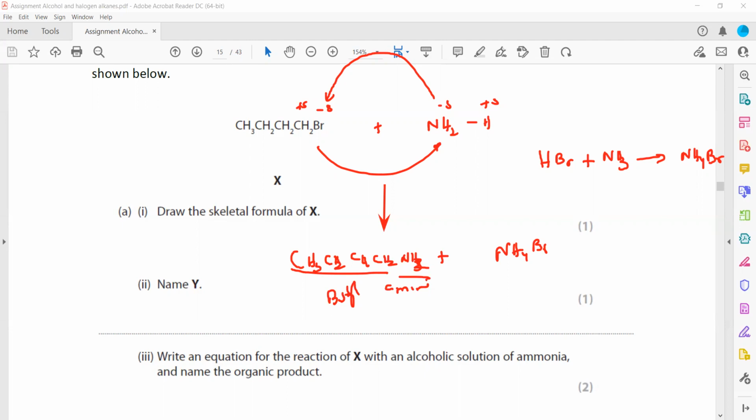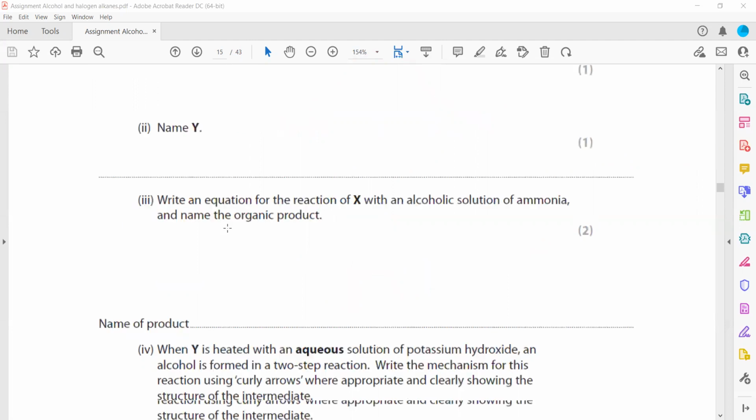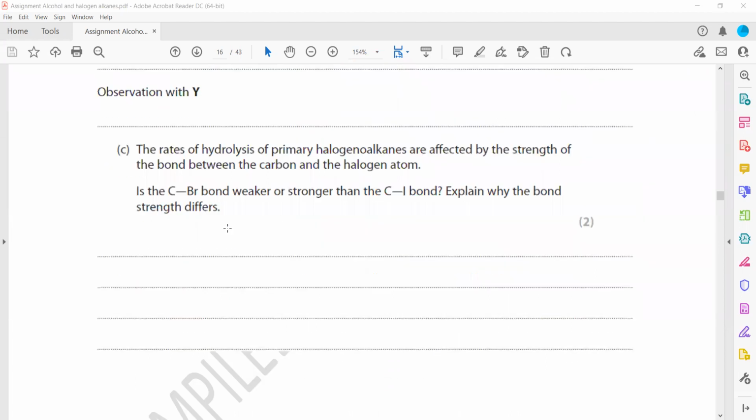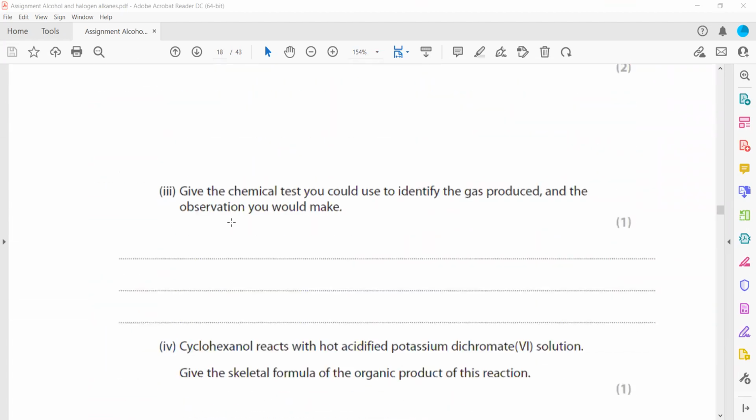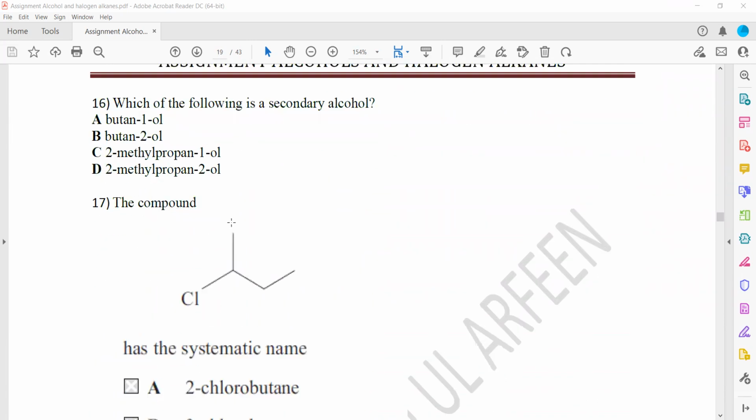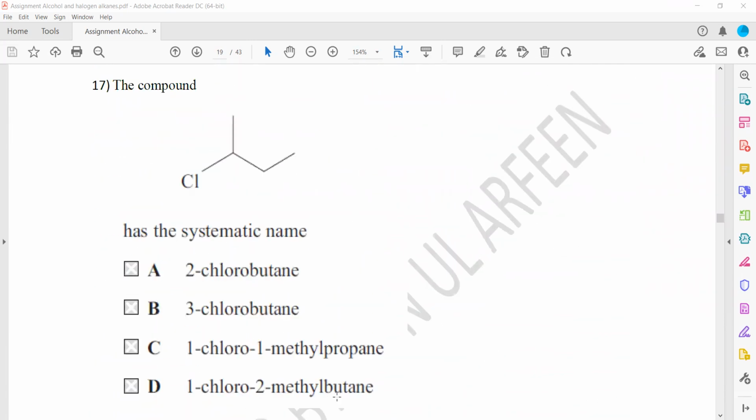Then question 17. In this question, we have to name it; the skeletal formula is given.